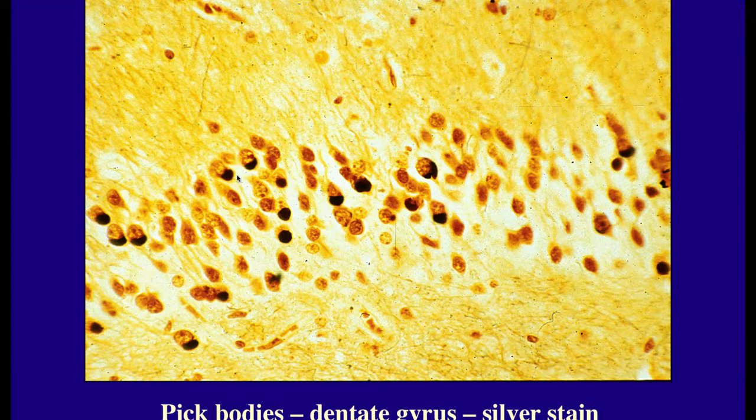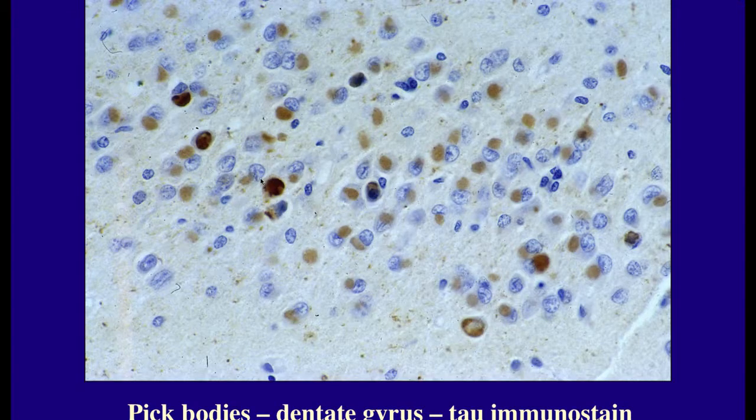You can see them on a silver stain. You can also see them really nicely on an immunohistochemical stain for tau. So all of these are Pick bodies. There are no senile plaques in frontotemporal dementia, but there is tau pathology.